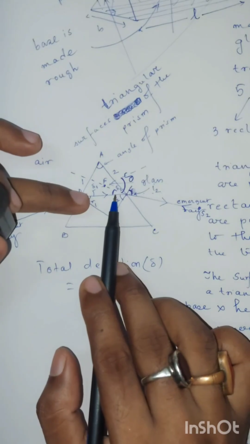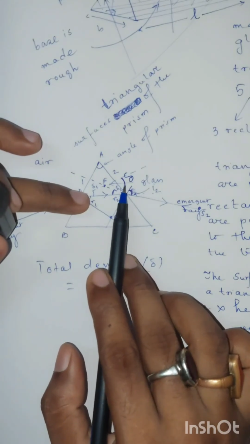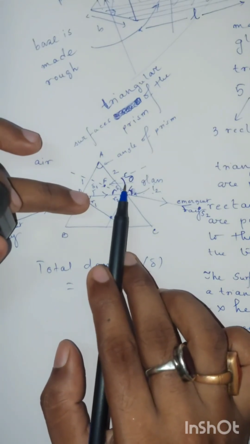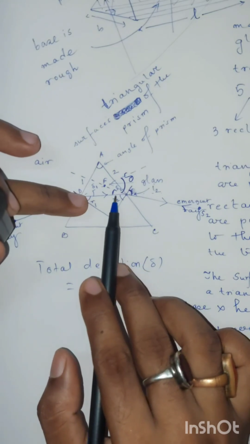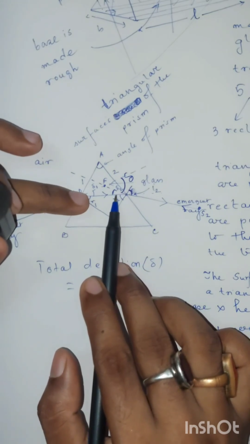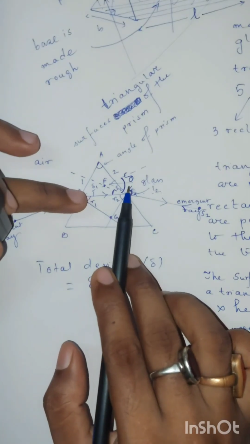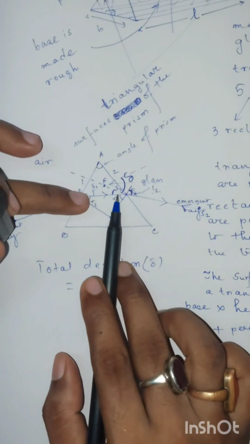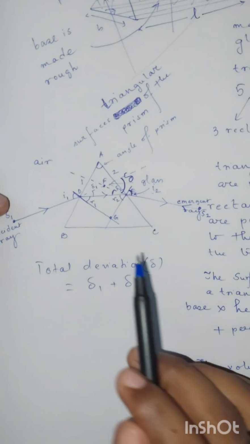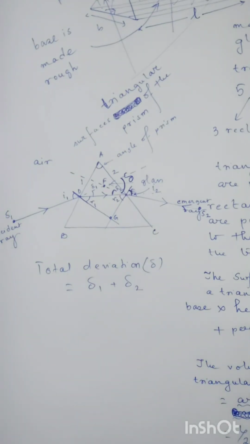We know this property of a triangle: the external angle will be the sum of internal opposite angles. So delta is equal to delta 1 plus delta 2.